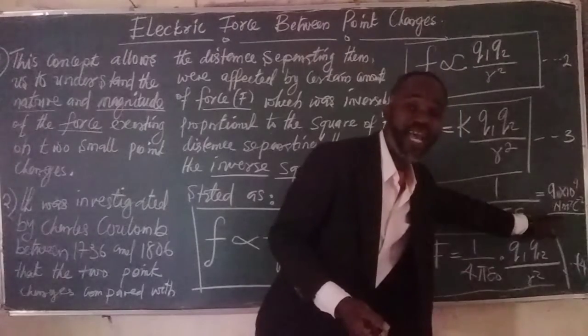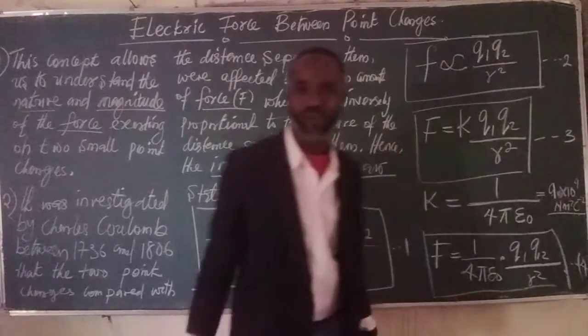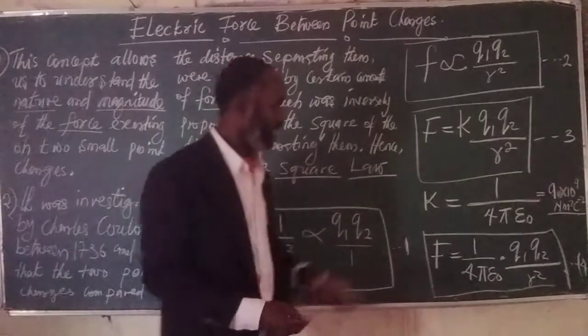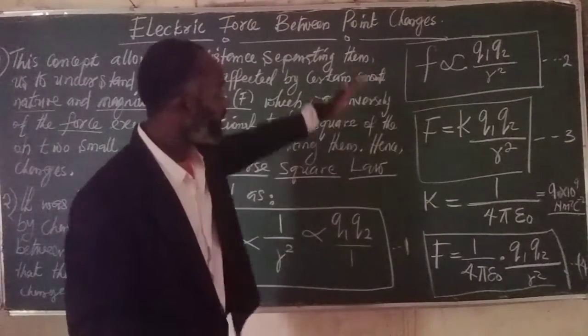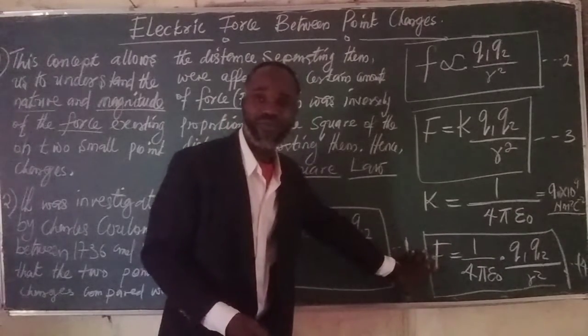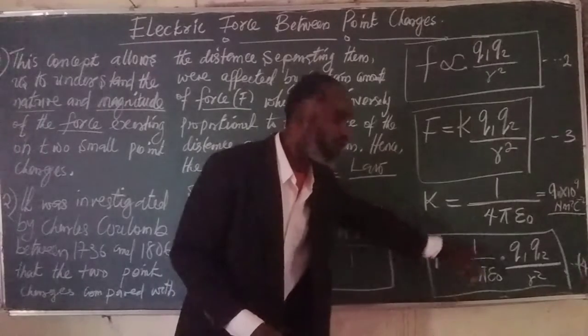And this is the SI unit: N m squared C to the power minus 2. At the end, we can now arrive at F equal to 1 over this, and all these you are having.